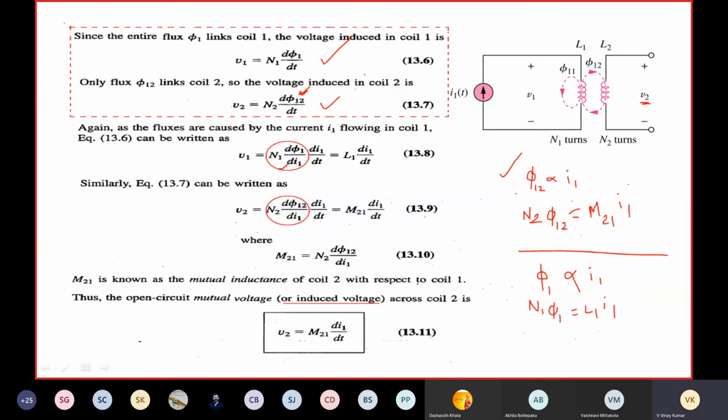We can write N2 phi 1 2 is equal to M21 I1. Put this expression in this equation, then you will get V2 is equal to M21 dI1 by dt.